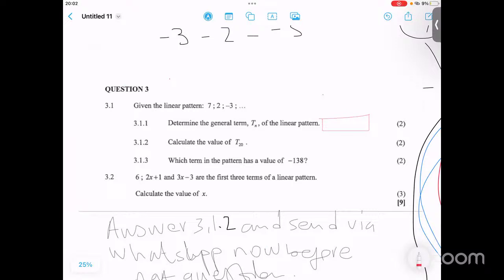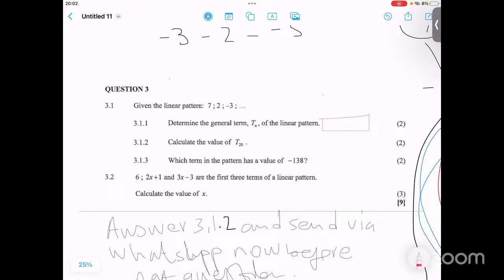Okay, now let's see the Ma'aris. That one there, yes. This is how you present your answer: 3.1.1, 3.1.2, 3.1.3, and then 3.2 there.